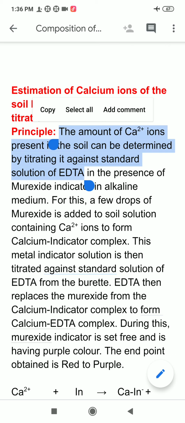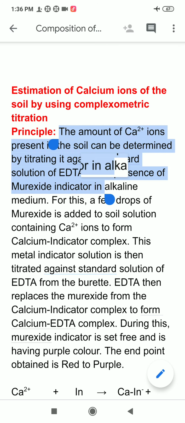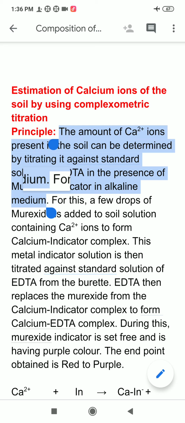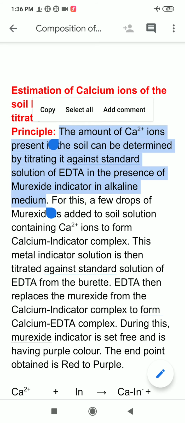Standard means whose concentration is known. So in order to determine the strength of calcium ions present in the soil, we need to take standard solution of EDTA. And in this titration, murexide indicator is used and pH of the solution is kept alkaline.